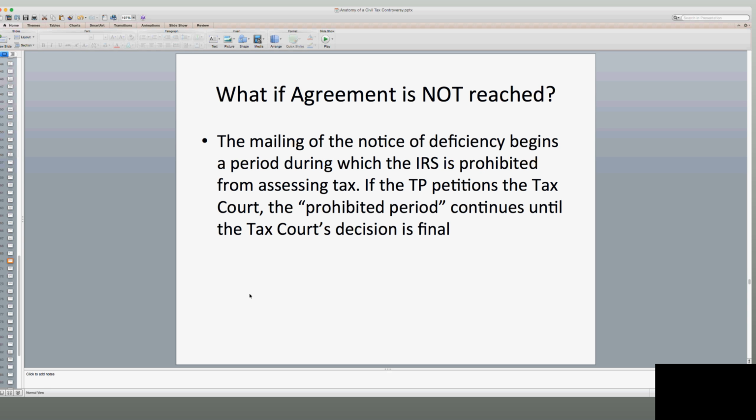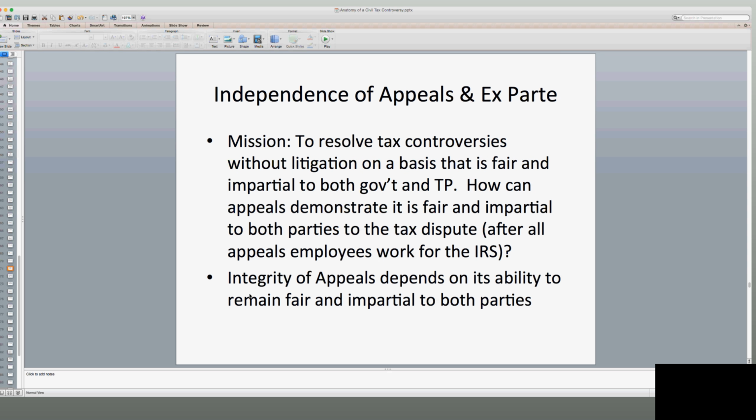The mailing of that notice begins a period during which the IRS cannot assess tax. If the taxpayer petitions the tax court, this prohibited period continues until the tax court's decision is final.